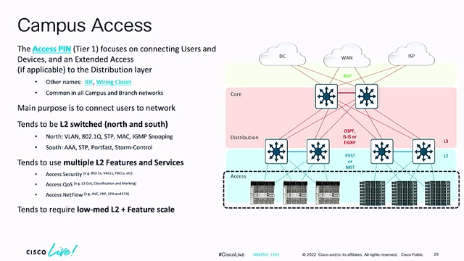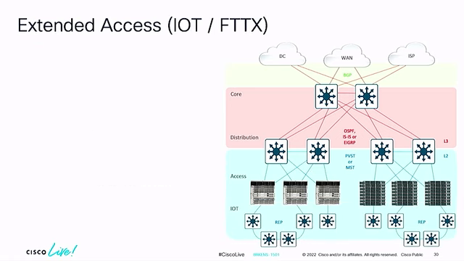So, tends to require low to medium layer 2 and feature scale. Now, what we've seen more and more over the last many years is this idea of an extended access. So this is where you bring in IoT devices.